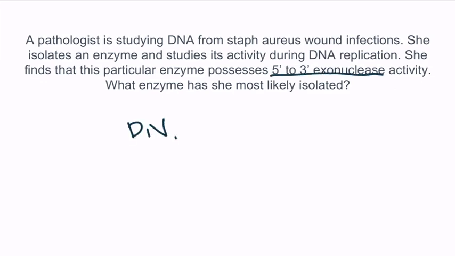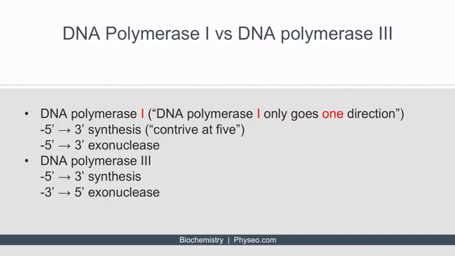Recall that this is DNA polymerase 1. Hopefully you remembered the mnemonics we discussed earlier. Remember, DNA polymerase 1 synthesizes and removes DNA by going in the 5' to 3' direction. Remember the mnemonics, DNA polymerase 1 only goes one direction and contrive at 5.